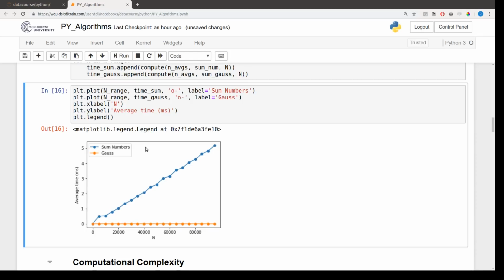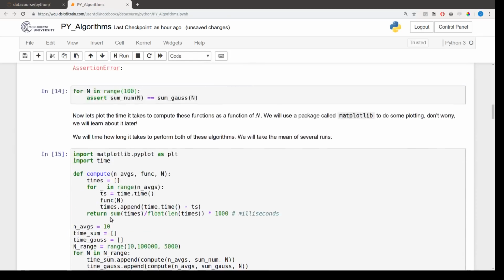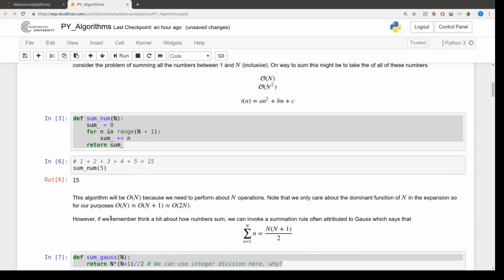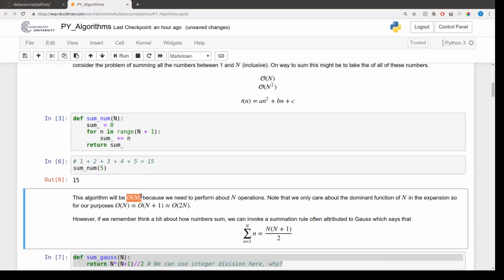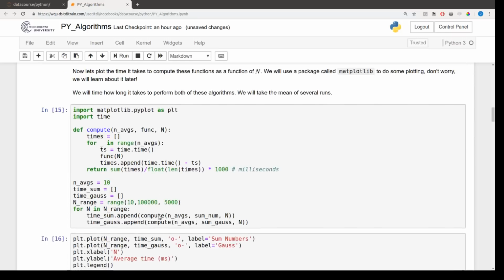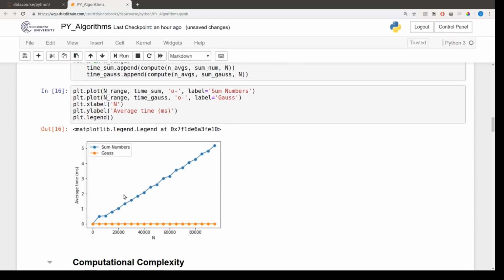The first function we defined, sum num, as n gets bigger and bigger, the amount of time takes longer and longer. And we can see this is basically a straight line. So there's a linear relationship here, which is what we said before. This algorithm takes order n steps. The amount of time it takes to compute grows linearly in the input n. And that's exactly what we see here.